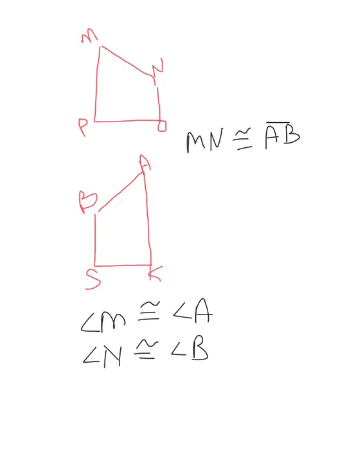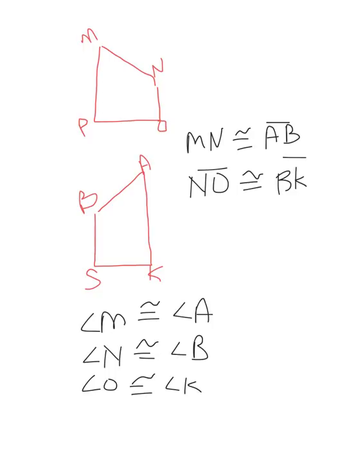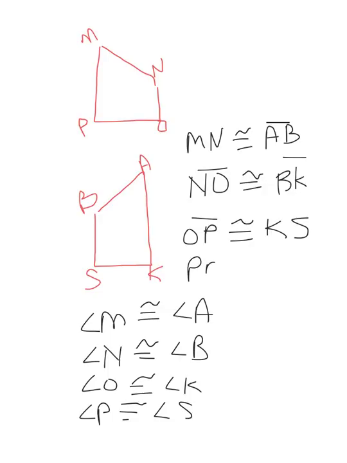If I keep going clockwise on my first figure and then counterclockwise on my second figure, I know that NO is congruent to BK, which means that angle O is congruent to angle K. If I keep going, I know that OP is congruent to KS, which means angle P is congruent to angle S. And then finally, I know that PM is congruent to SA.